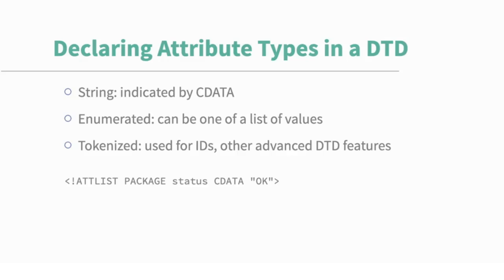Now, of course, because it's a string type and there are no other constraints on it, you could put other values in there as well. But this is a way of telling the XML processor that if a certain attribute is not included, then there's a default value.